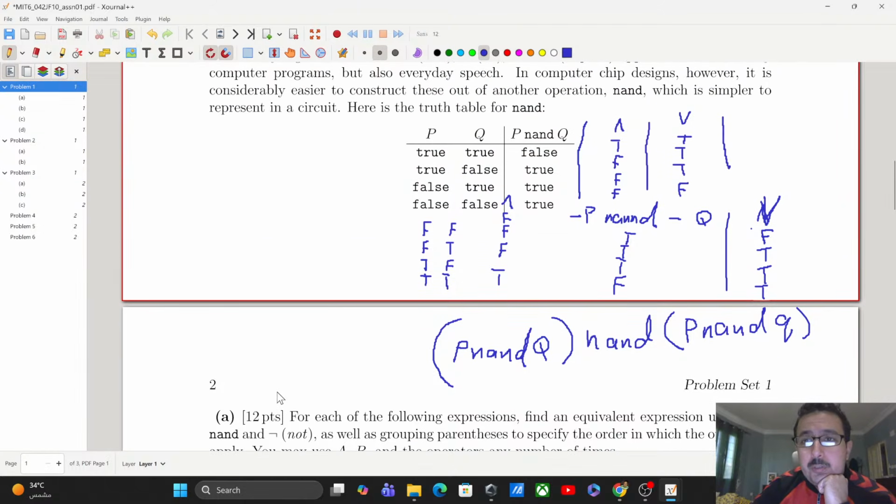We need the OR, you see. T, T, T, T, T, T, if what are we having? This one. The same.